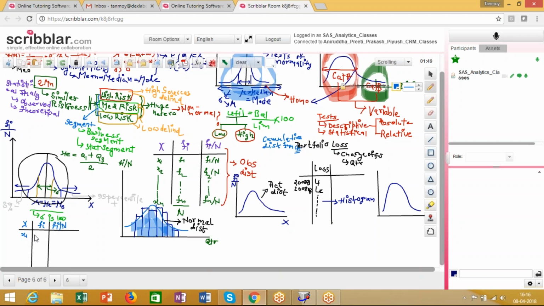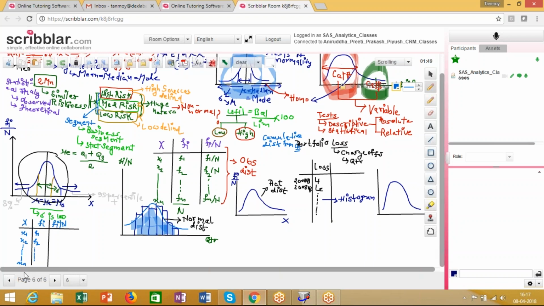So x1 occurs with a frequency f1. What you have is x2 with a frequency f2, up to Fn.